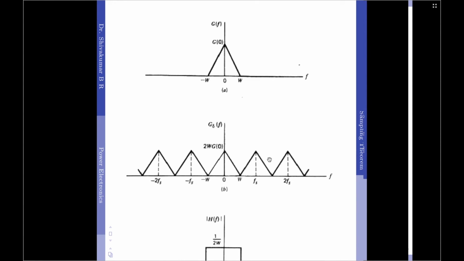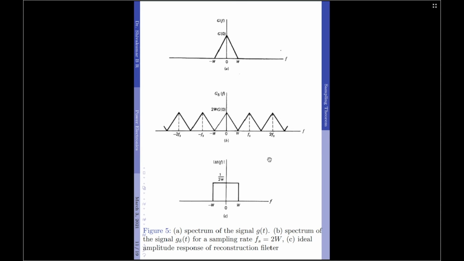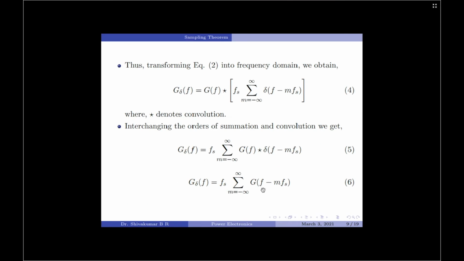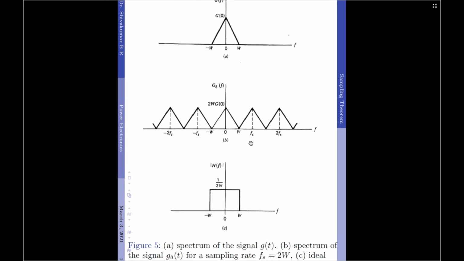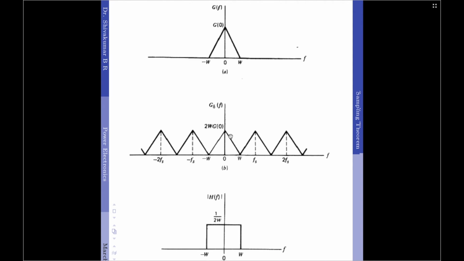However, when we were discussing the sampling procedure, let me go back to that equation. So, this is our equation. From the equation here we note that the spectra of the sampled signal is replicated at intervals of fs. So, what we are seeing here is a replica of the original frequencies being generated at a certain interval given by fs, because fs is our sampling rate.